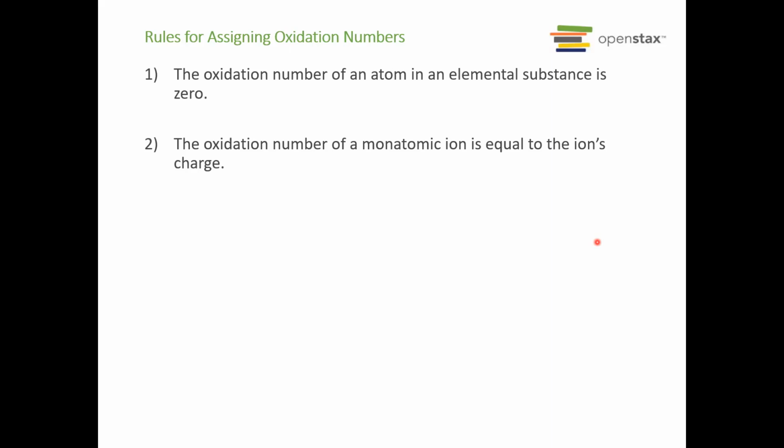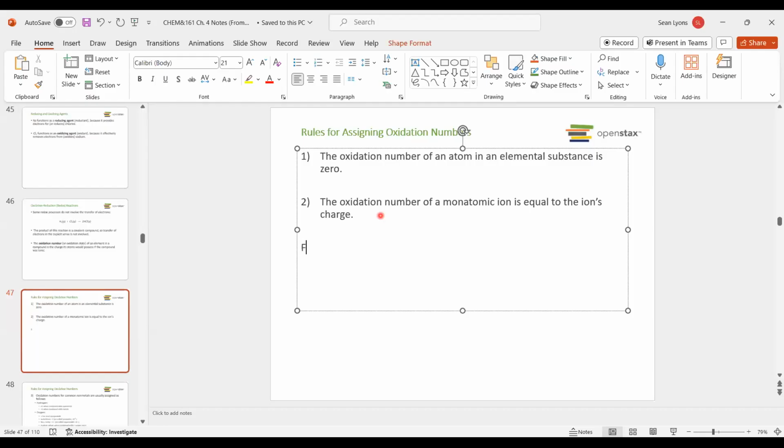But then if it's a monatomic ion, so if we think about something like fluoride, F-, the oxidation number is just going to be -1. Na+ would just be +1. If we think about calcium 2+, that would be equal to +2.